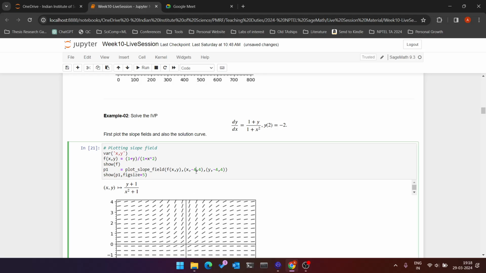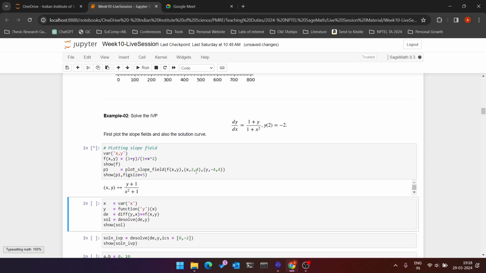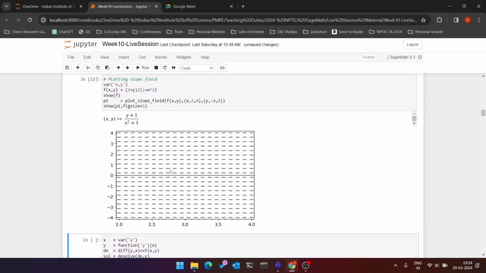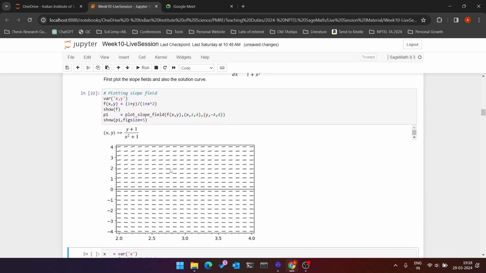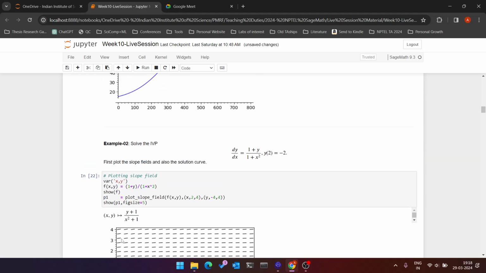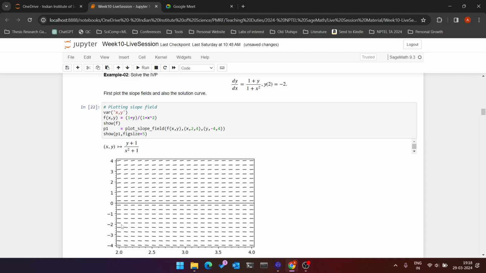If I restrict, okay, so x equals 2 is here and y equals -2 is somewhere here.